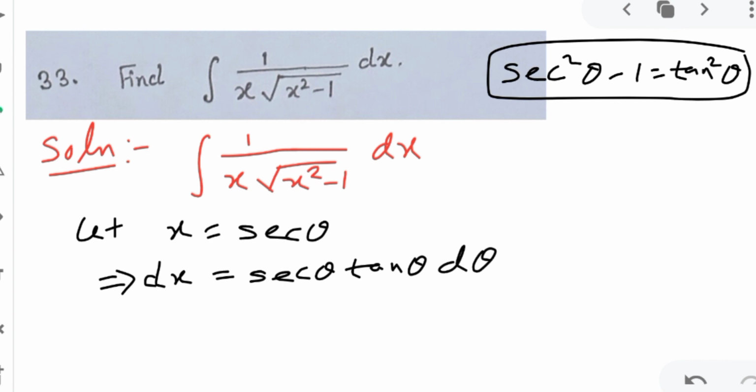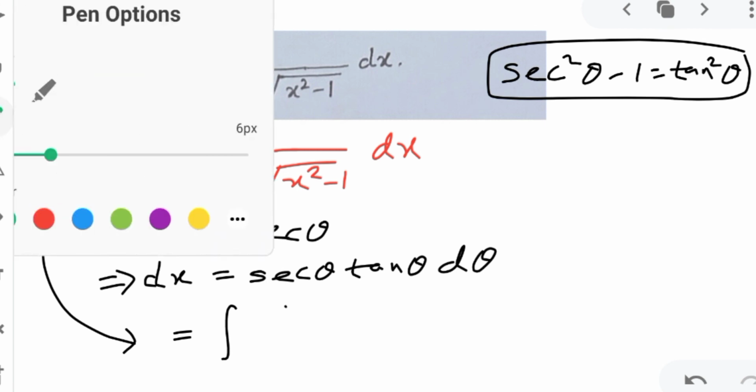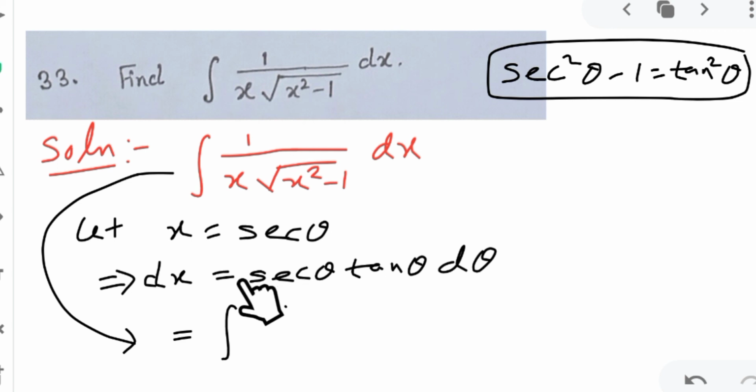Okay, so dx I will replace with this value and x with sec theta. If I replace here, then I will get 1 upon, or dx in numerator it is dx, so dx I will write as sec theta into tan theta d theta, because the numerator is only dx.